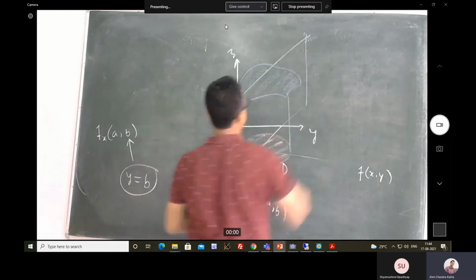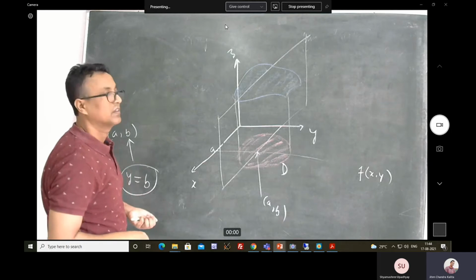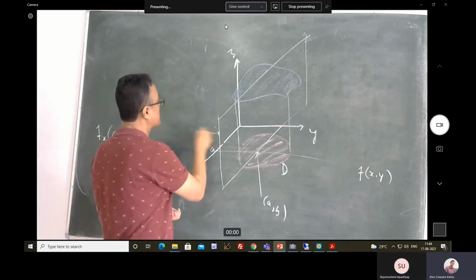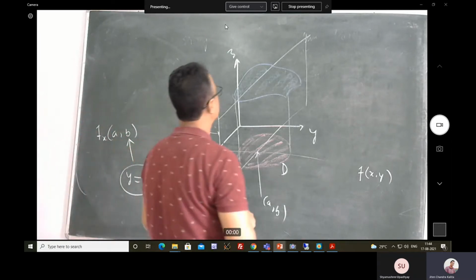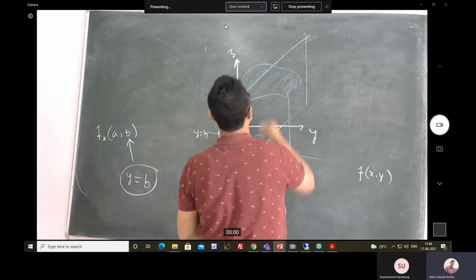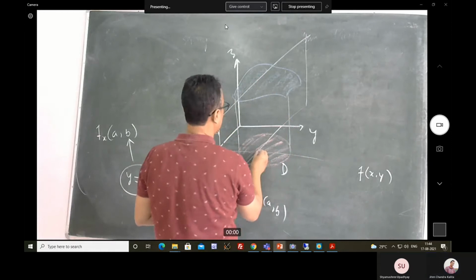That plane is nothing but a vertical plane like this, isn't it? Is it okay? So this plane is y equals b. Okay, so now let us see the scenario. What is happening out here?